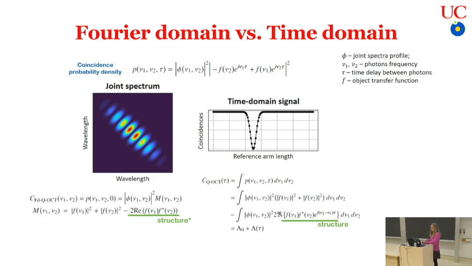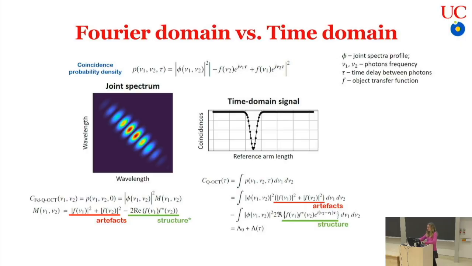So in both equations, we can see the terms responsible for the structure and the terms responsible for the appearance of artifacts. I put something like that here because in the Fourier domain, actually this term produces another artifact.